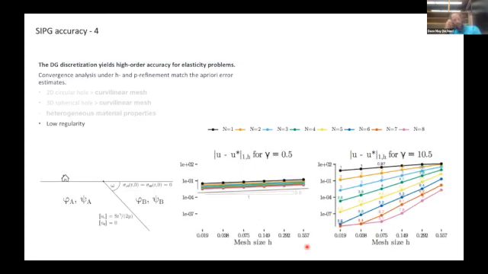Okay, the last test we consider is the first test we do when we have an embedded crack or discontinuity in the displacement field. And what's nice about this test is there's a parameter in it that allows us to control and define the regularity of the solution. So we can make the analytic solution have low regularity, for which we don't expect high order convergence.